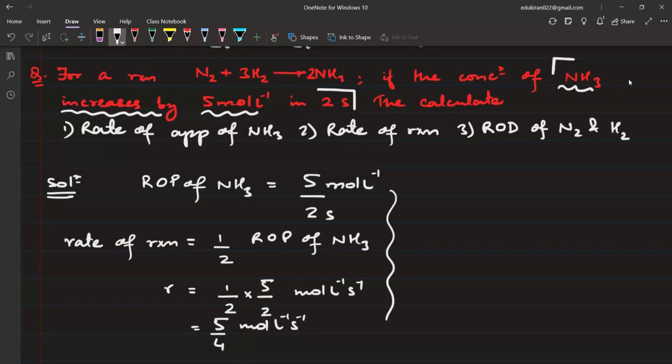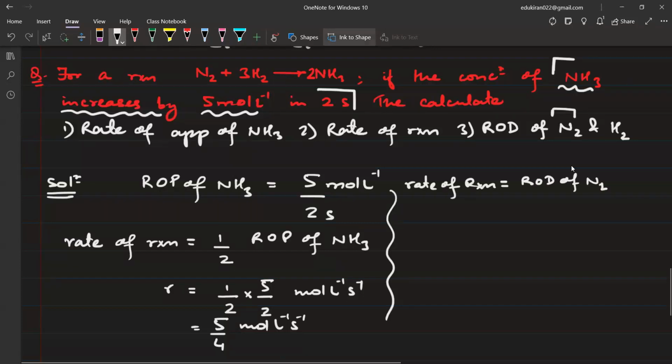Next, rate of disappearance of N2 and H2. Please see, I can write rate of reaction in terms of N2 as rate of disappearance of N2.